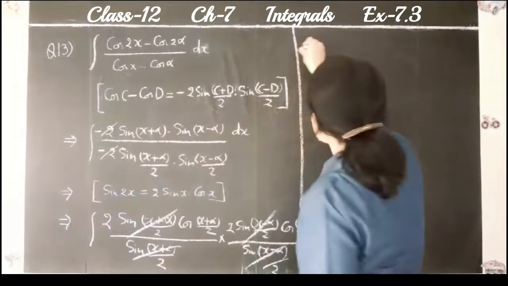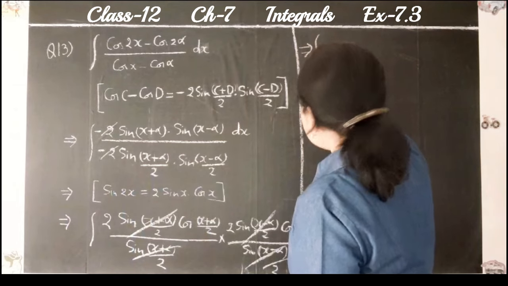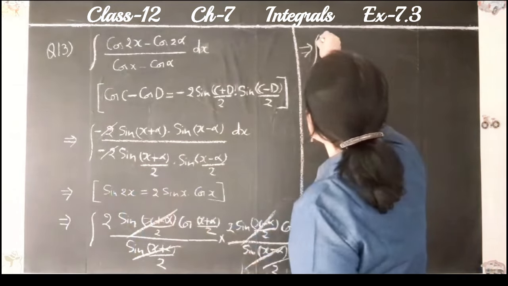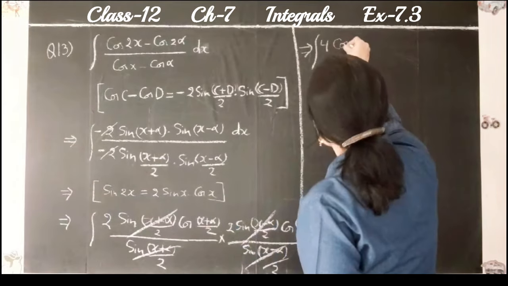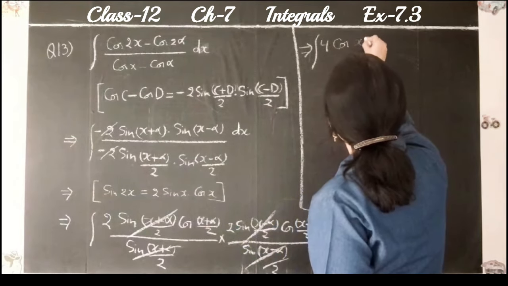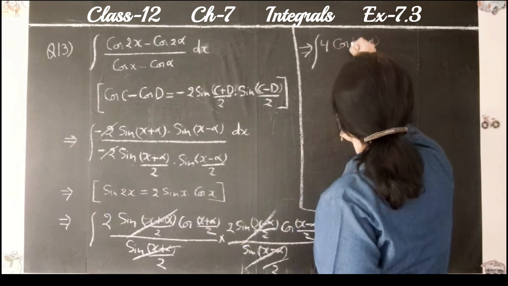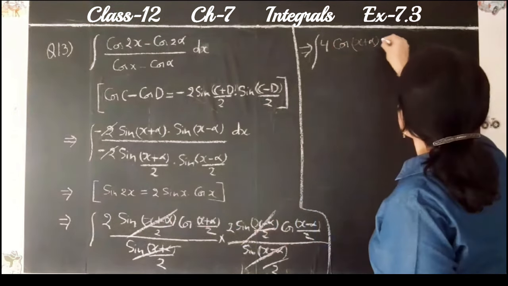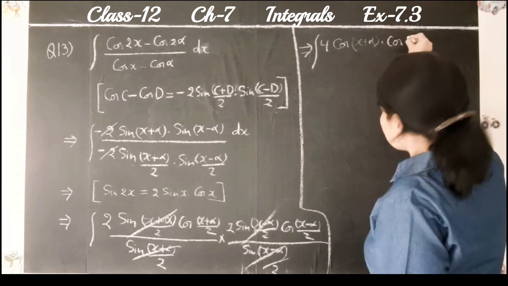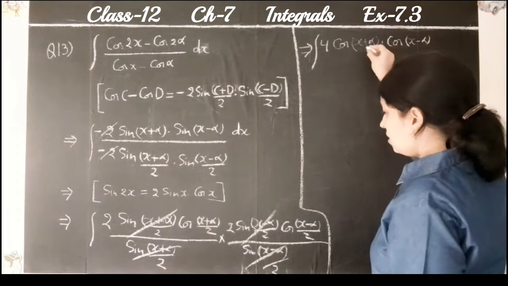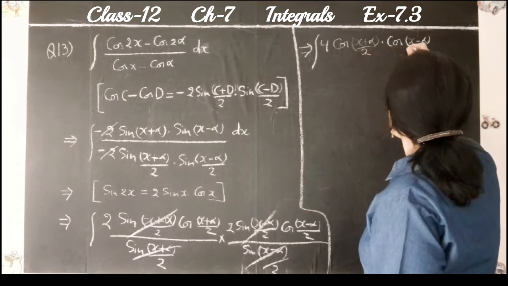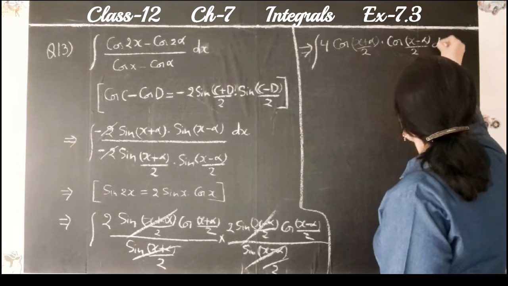So finally we can write integral 2 into 2, 4, cos (x plus alpha) by 2 into cos (x minus alpha) by 2 dx.